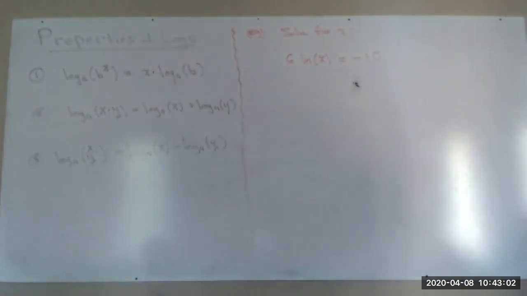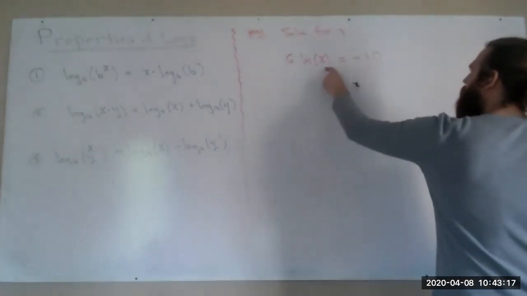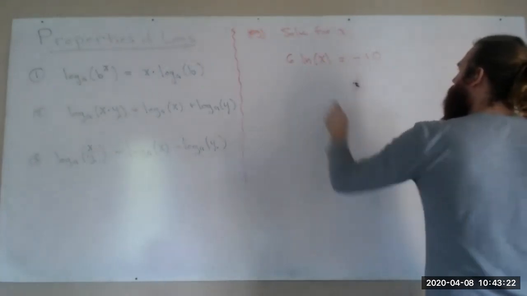This is different than an exponential equation because my variable isn't trapped in the exponent anymore. Now my variable is trapped inside the logarithm. And just like we said in the previous problem, you can't divide by ln here to get this x alone. You're going to have to do something else.